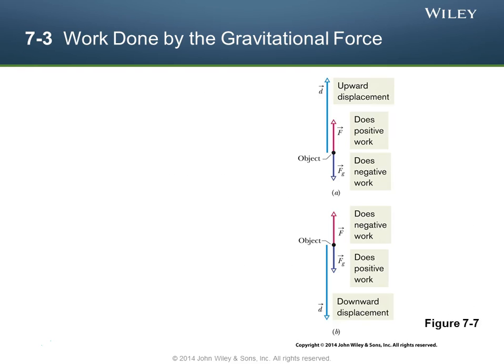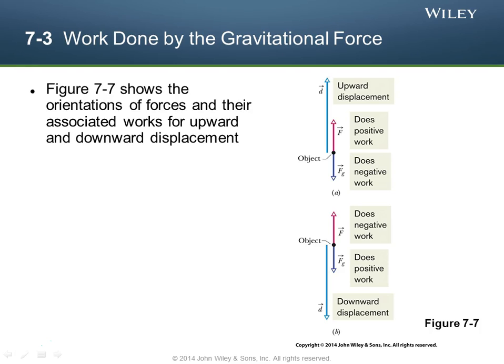And so looking at this diagram here, we see the orientation of the forces and their associated works for upward and downward displacement. And so the upward force is doing positive work when the object is being raised up. Whereas if it's being lowered, then it does negative work. And the gravitational force is the opposite.